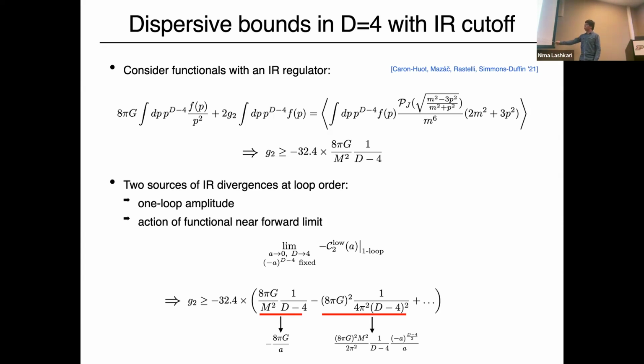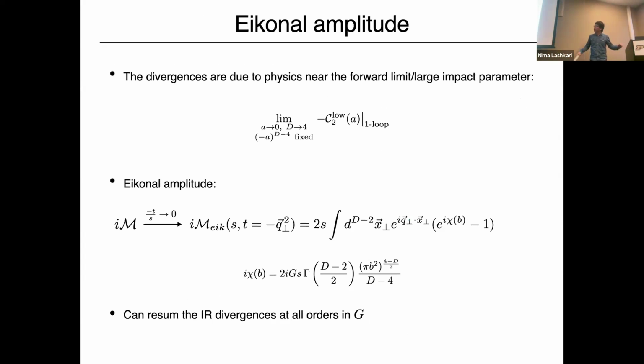And you can even do this at higher loop. And so the observation is that these IR divergences come from this limit, and the behavior of gravitational amplitude in this limit, in particular the limit where a goes to 0, which is like the forward limit, is known.